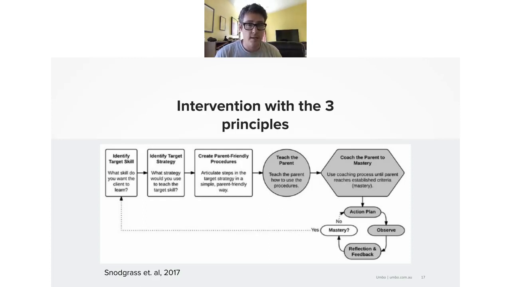So we did that together, and in the workshop we made up a little routine board, and that's what we used. And so we had a set of images that could be shown to her each evening before bed and each morning at breakfast time, so that she knew what was going to happen next.